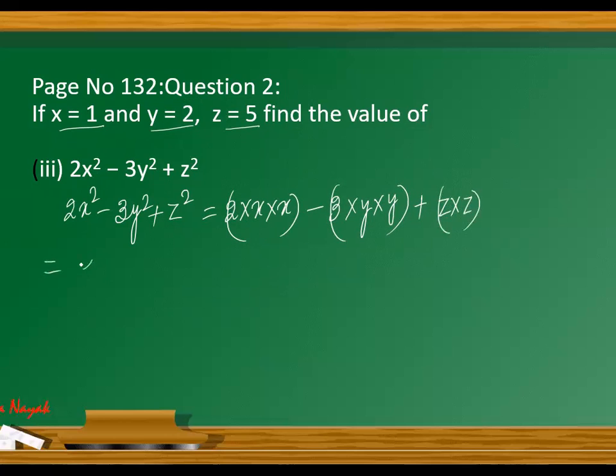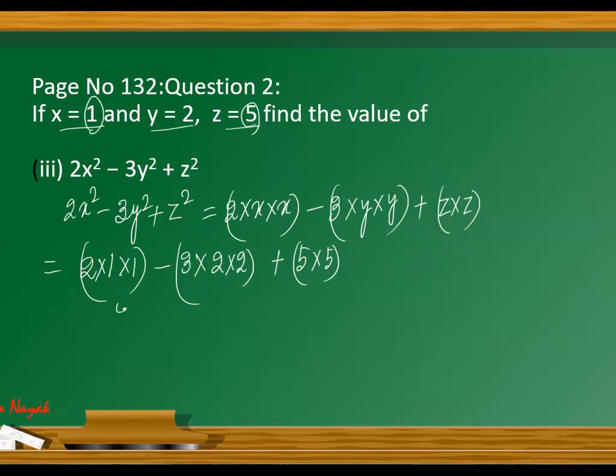So this will be 2, I'll put the value of x, x is 1, 1 into 1. Next I'll go for y, 2 multiplies 2. Then I'll go for z, 5 multiplies 5, z is 5. So it is 2 multiplies 1, 2. 3 times 2 is 6, 2 times 4 is 8, wait, 6 times 4 is 12. Plus 25. So 25 plus 2 is 27, minus 12. 27 minus 12 is 15.